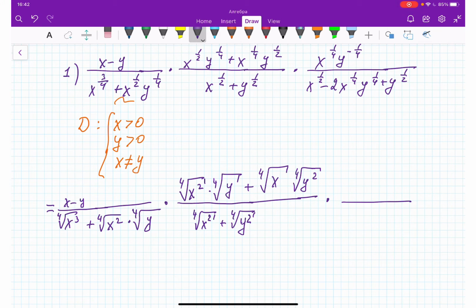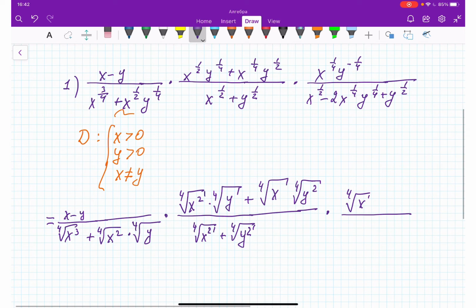And we have x to power 1/4, degree 4 of x. We have y to power negative 1/4, right? Which means y to power negative 1/4 comes down. And in the denominator, I will have x to power 1/2, so I put this at degree 4.